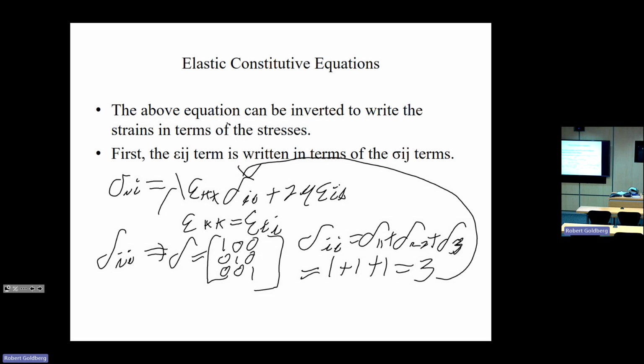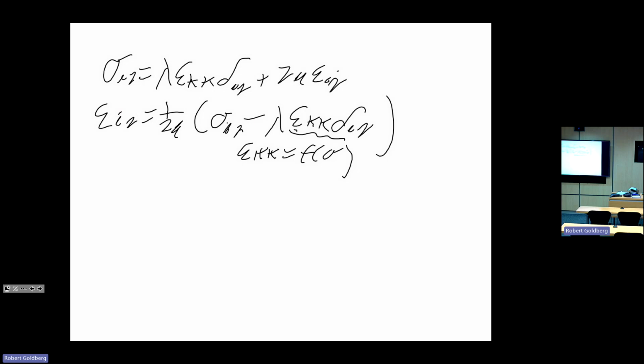So we said i equals j, so we have sigma ii in terms of epsilon kk and epsilon ij. We went through all this, so now we can go back to the previous page.